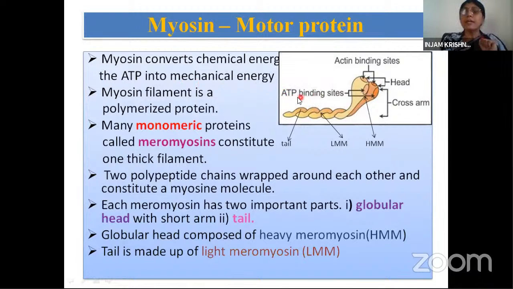So ATP is added to this site, and ATP is converted into ADP and inorganic phosphate, and releases the energy. Later we will discuss all those things. But now I am explaining the structure. So they have two sites. One side is the actin binding site, another side is the ATP binding site.